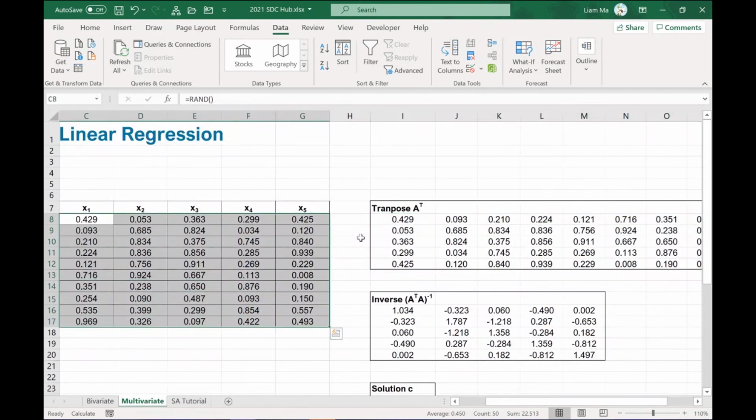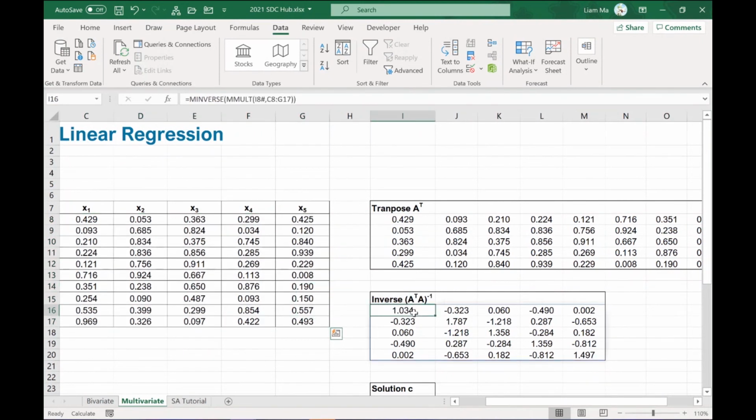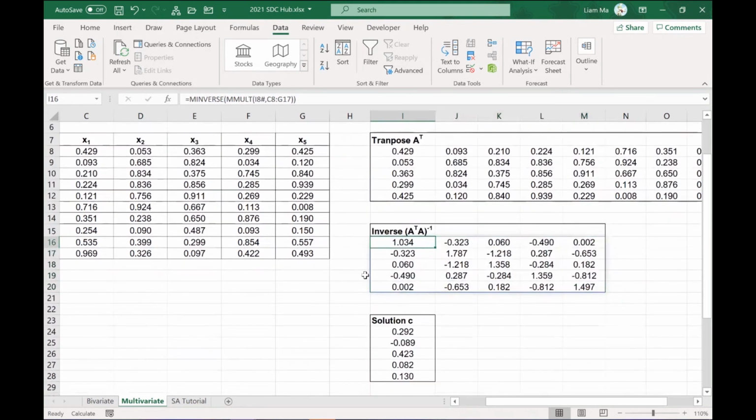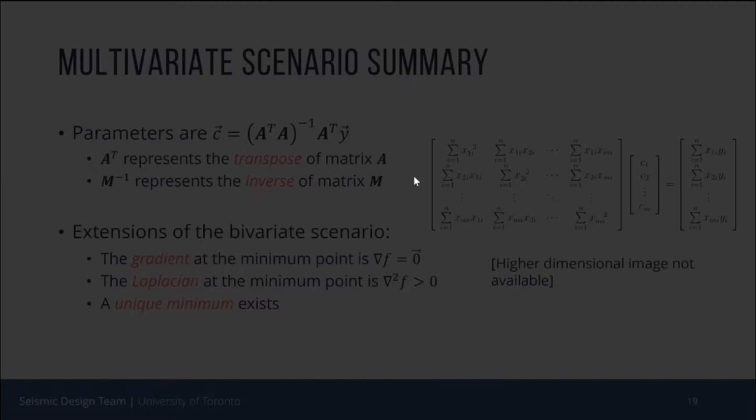And because of how matrix multiplication works, the resulting matrix is going to be a square matrix. There's an equal number of rows as there are columns. And this matrix is used to get to the system of linear equations that we see over here.